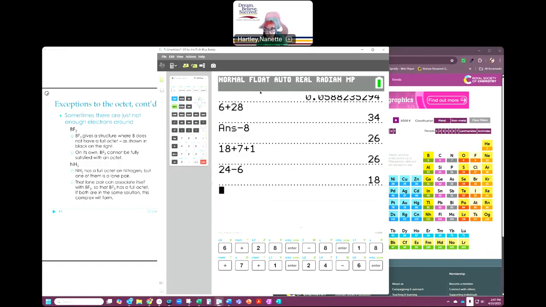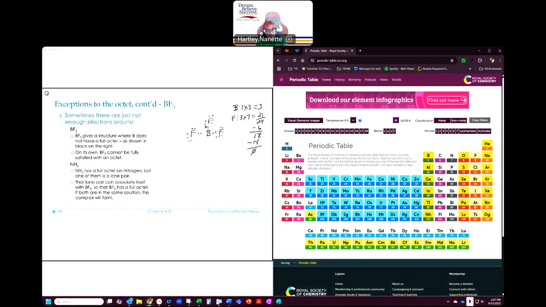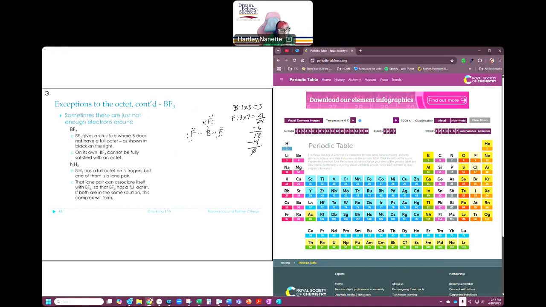And that's all well and good, except now I've got 2, 4, 6 in those bonds, and then 2, 4, 6, 8, 10, 12, 14, 16, 18, fulfilling those octets, and then boron is left with this hole. So there are only 6 electrons around boron. So it's a violation of the octet rule because it does not have a full octet. So boron is a violation. But then there's NH3. Remember NH3?